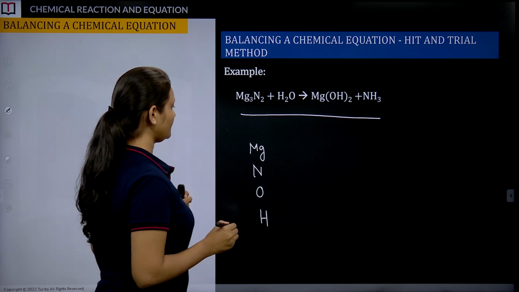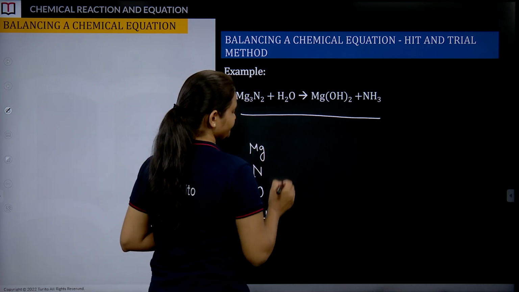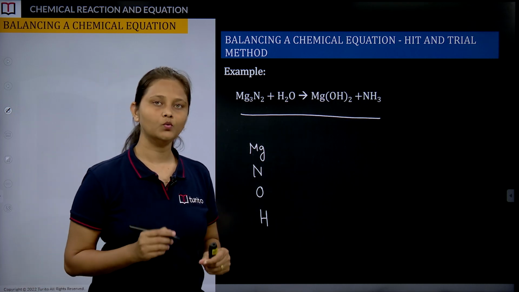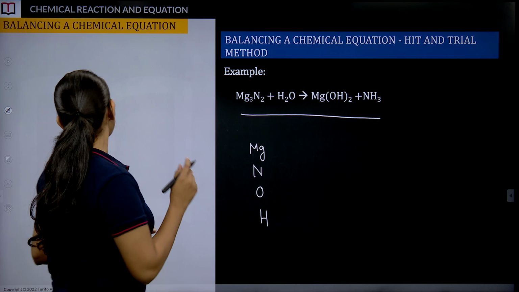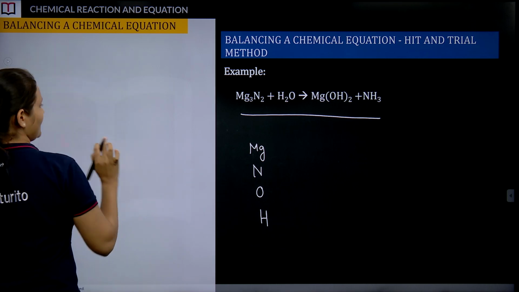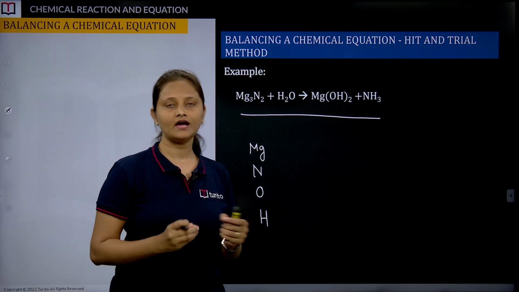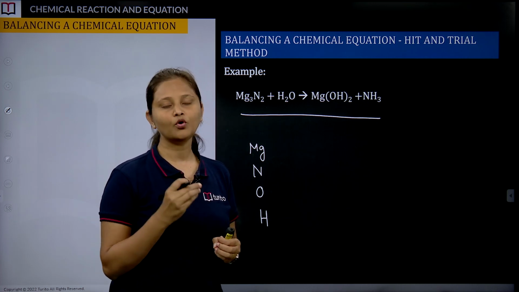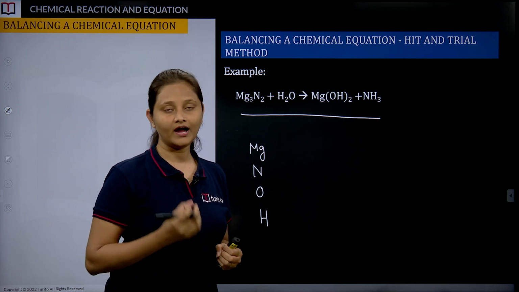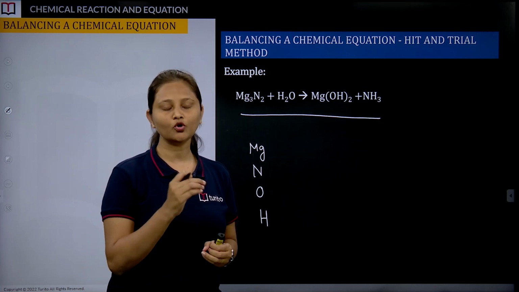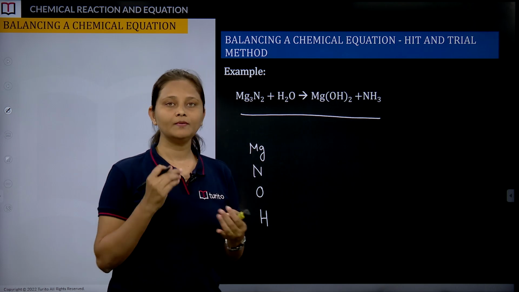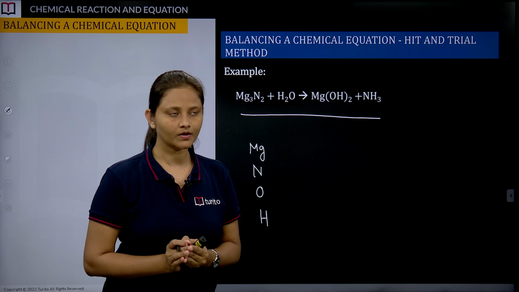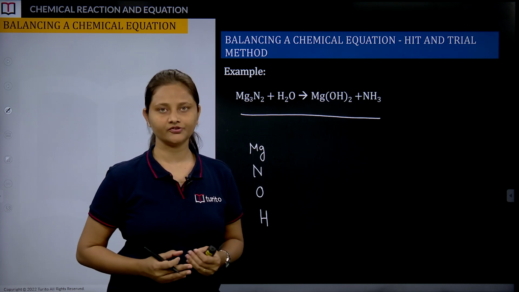No. Yeah. So before balancing this chemical equation, I just want to tell you one thing. My advice is that whenever we have any chemical reaction, most of the time it will have oxygen and hydrogen in it. These are two non-metals, and you will be provided with some metals and other non-metals also. That depends on the reaction.